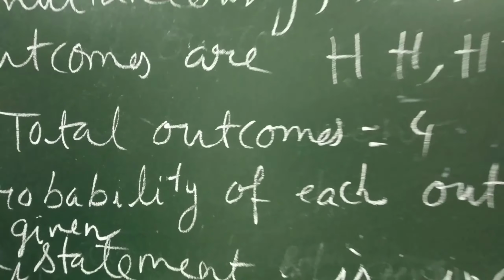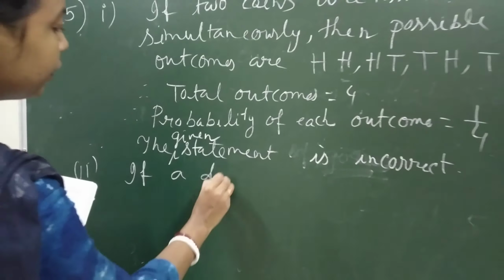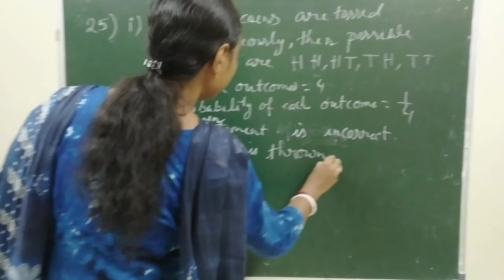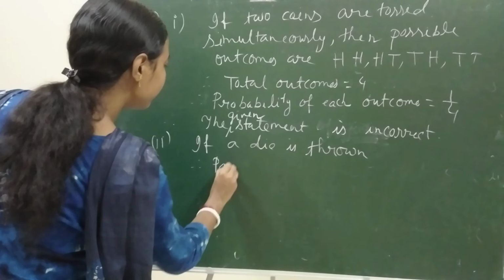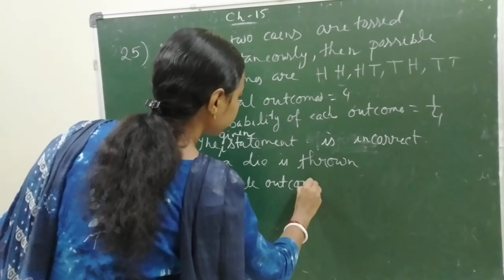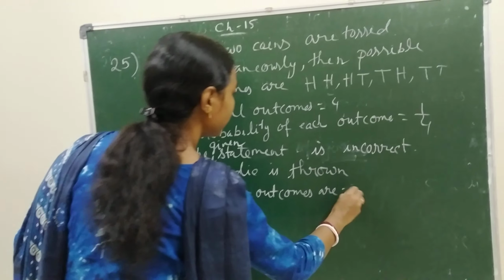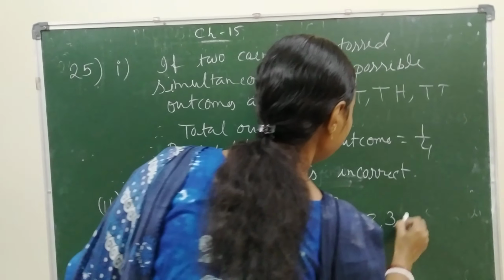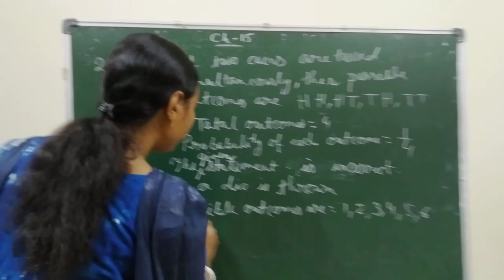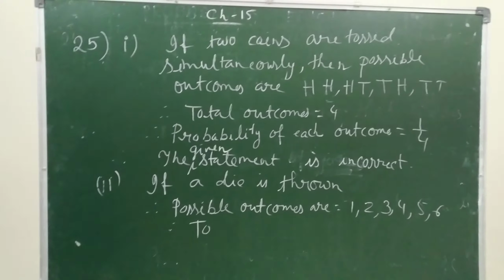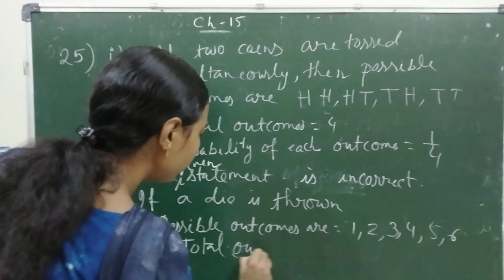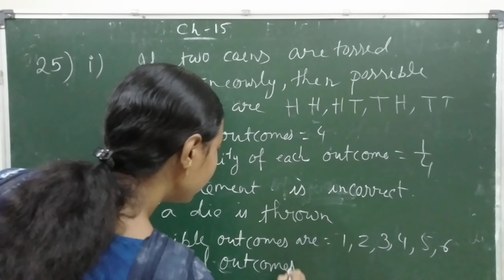So, if a die is thrown, possible outcomes are 1, 2, 3, 4, 5, 6. Okay. So total outcomes equal to 6.